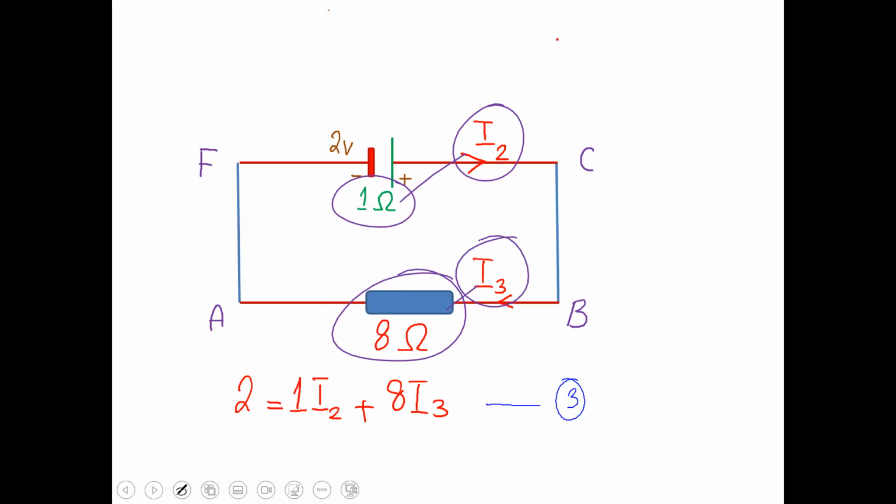So copy the loop and the equation. Done, sir. Yes, sir, also done.